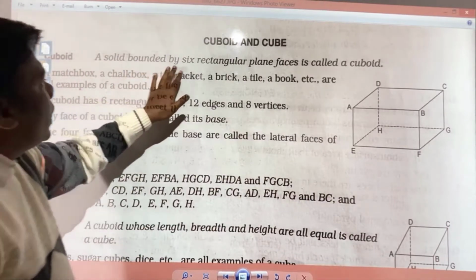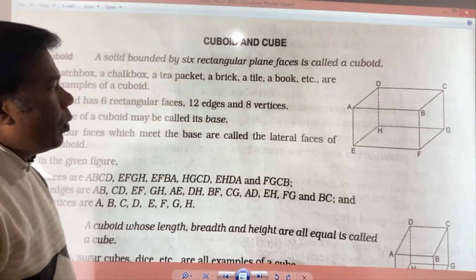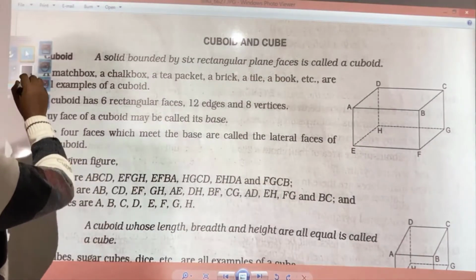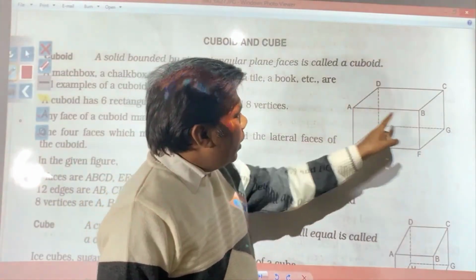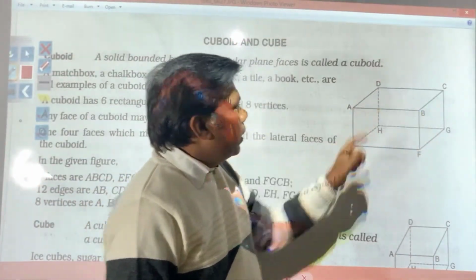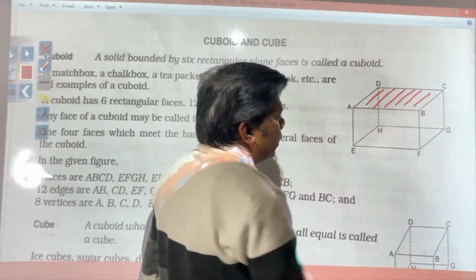A solid bounded by 6 rectangular plane faces is called a cuboid. Just see the figure that has been given here. A, B, C, D is your first face or first surface.